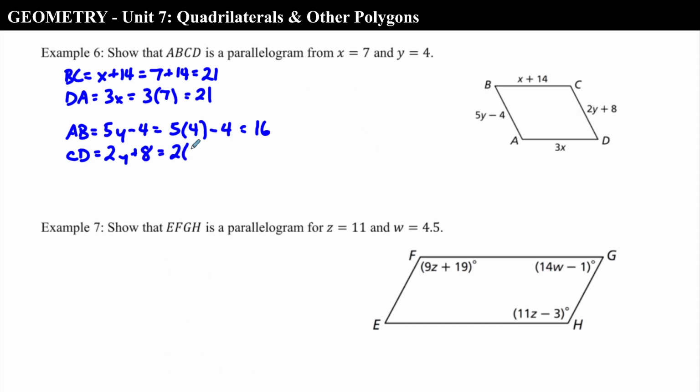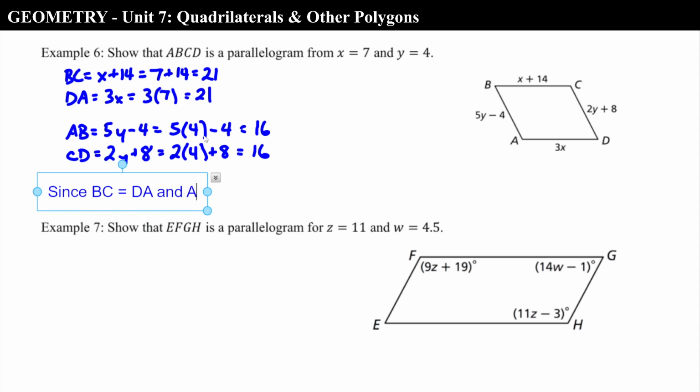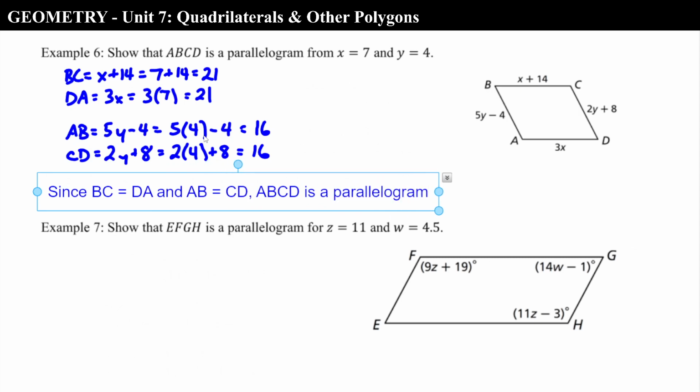So 2 times 4 is 8, plus 8 gives us 16. So, since BC equals DA and AB equals CD, ABCD is a parallelogram. And that is how you conclude that problem, with that statement. We have shown that the opposite sides are congruent, so therefore it is a parallelogram.